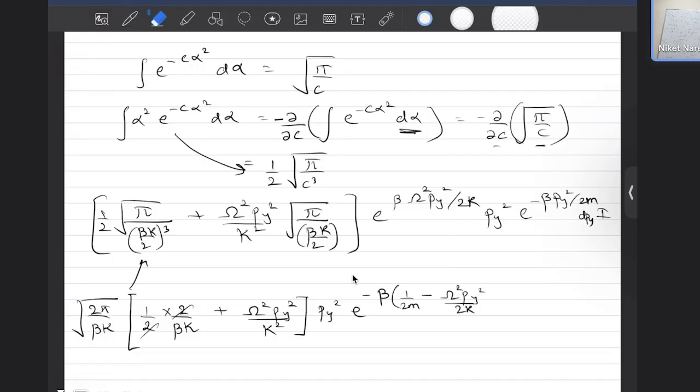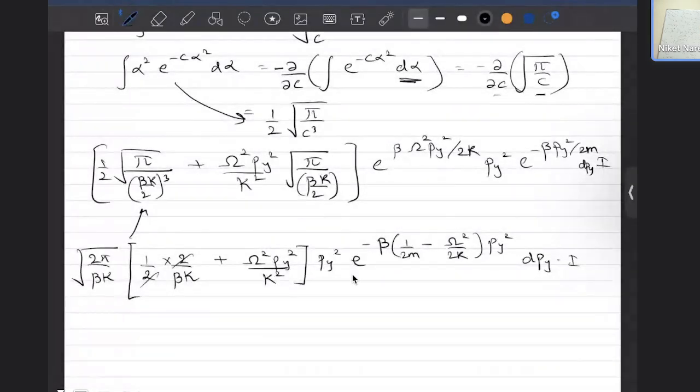Sorry, omega square by 2 kappa into py square. So minus beta py square by 2m, and the second term is plus beta omega square py square by 2 kappa. Yes, this is what we have, into dpy into I.